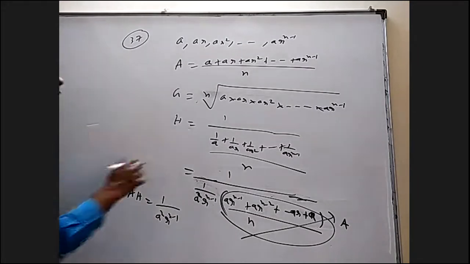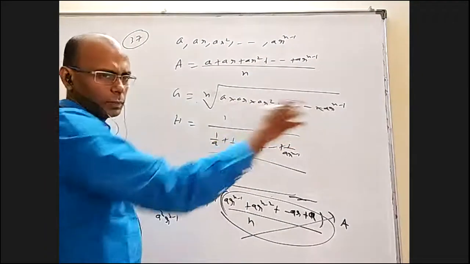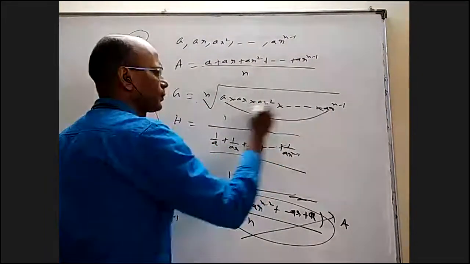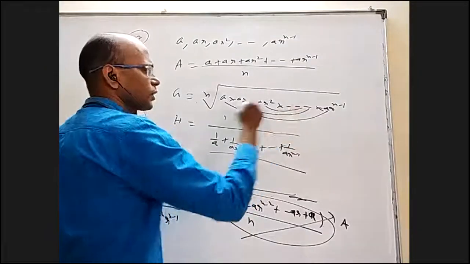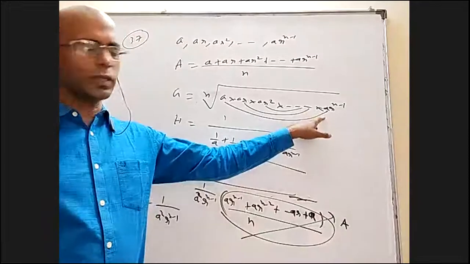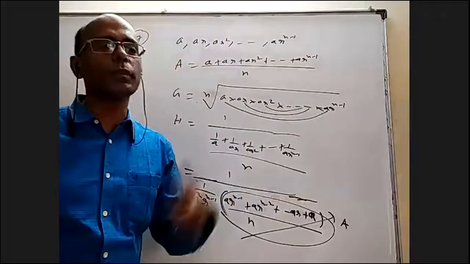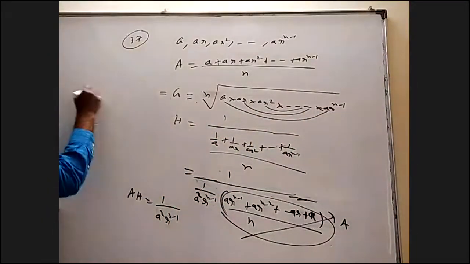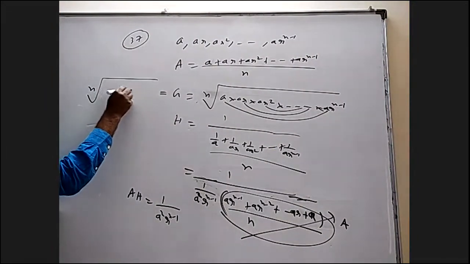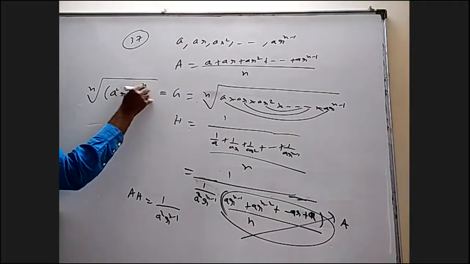Let us see why. We can multiply all these things. This product, this product, this product, all these are same. This product is also a square r power n minus 1. This also like that. How many pairs? N by 2 pairs. So I can write G as nth root of a square r power n minus 1, whole power n by 2.